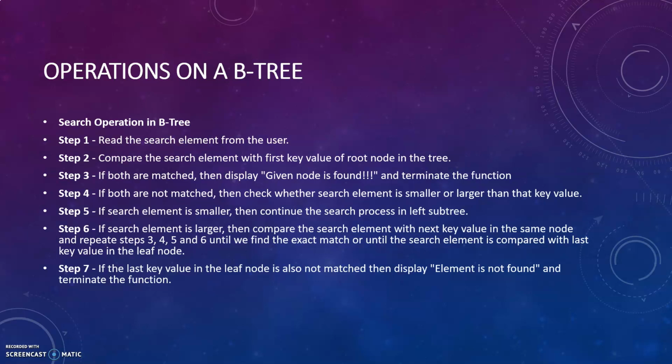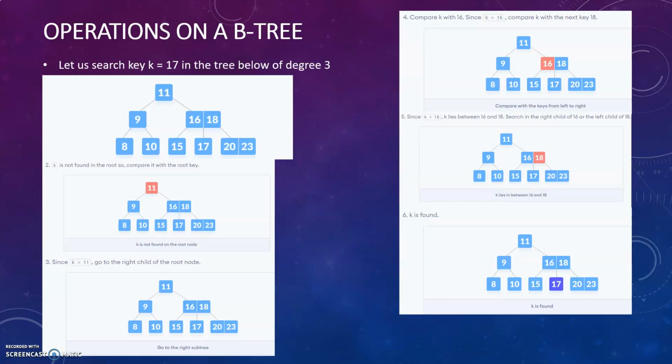So we'll understand this using an example. You can see here, if you want to search element 17, first you search with 11. Since 17 is greater than 11, you go to the right side, and then you search with 16.